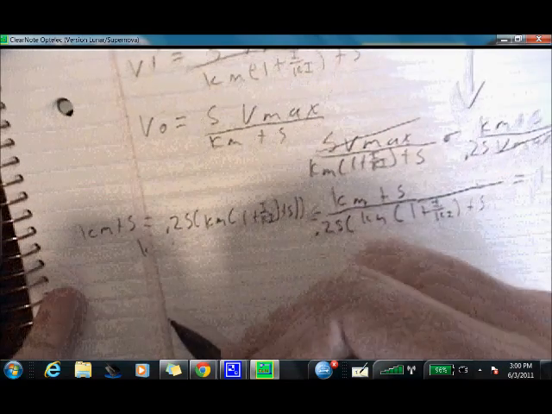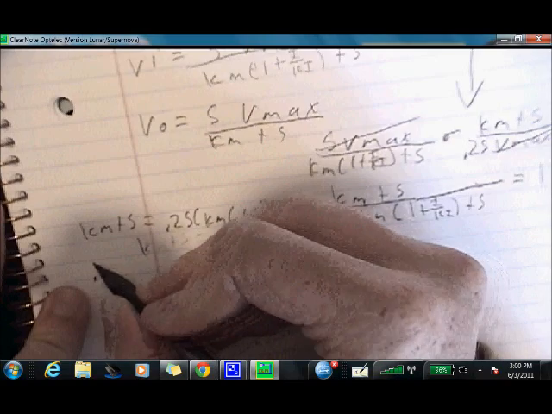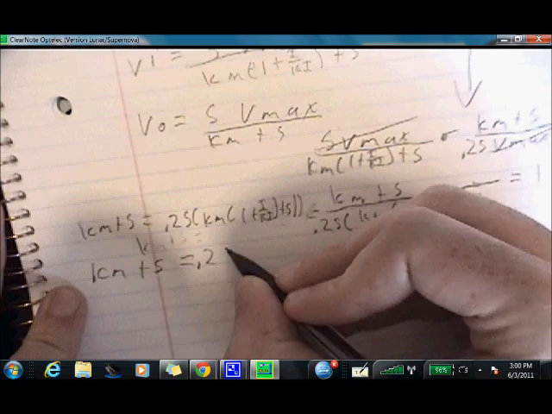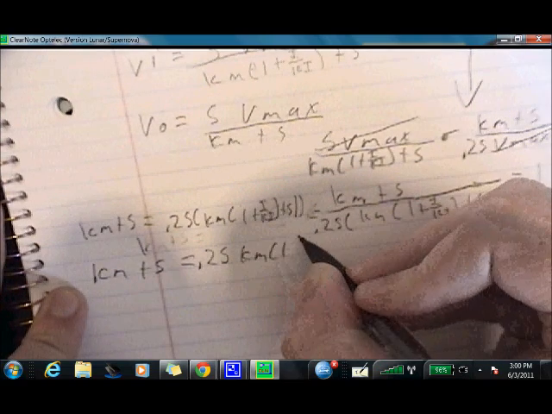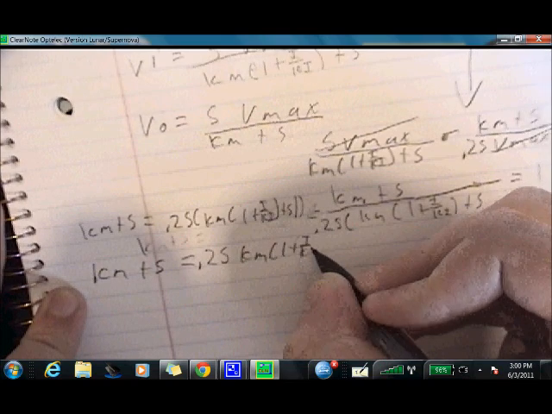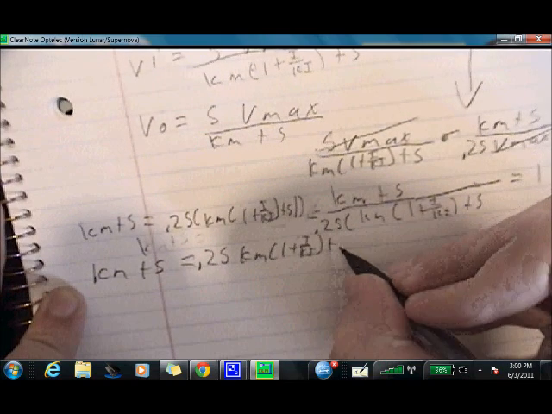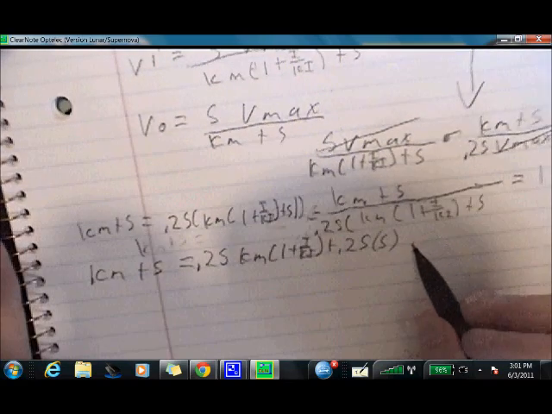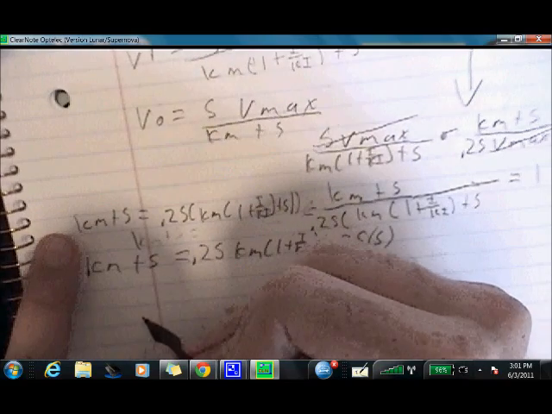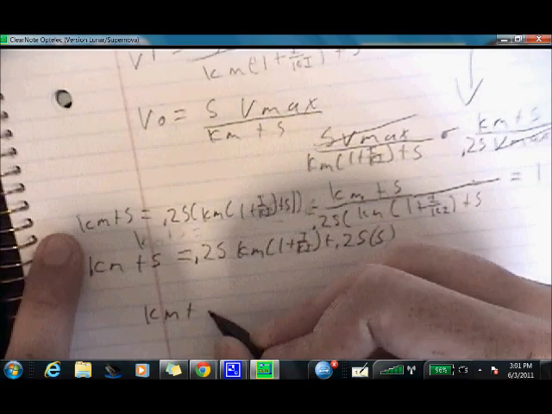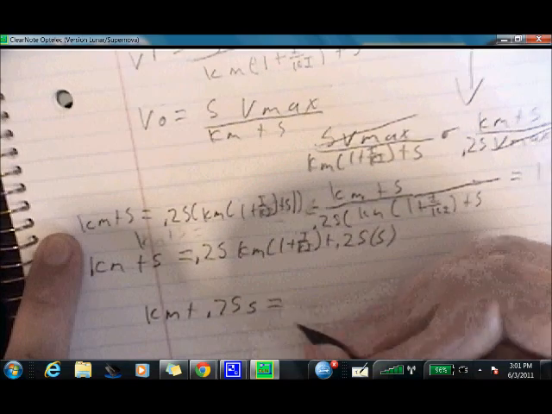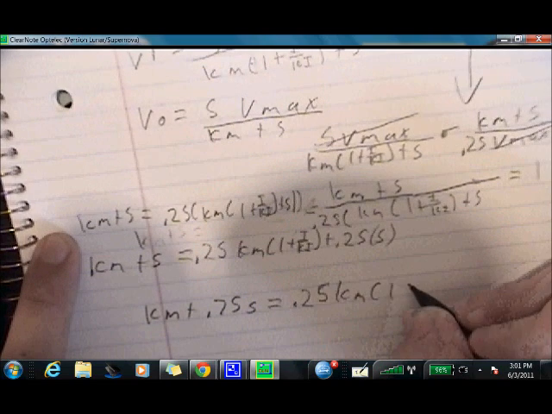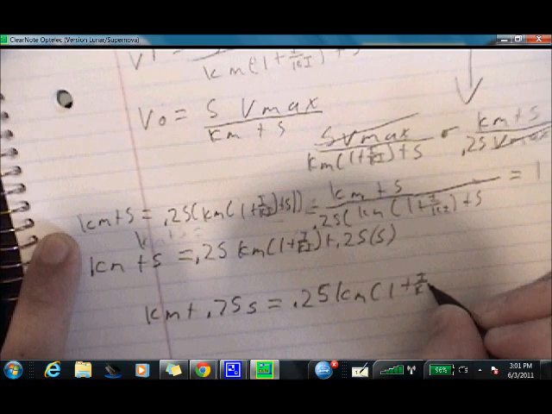So Km plus S is going to equal 0.25 Km times 1 plus I over Ki, plus 0.25 S. I'm going to subtract the S. So now I get Km plus 0.75 S is going to equal 0.25 Km times 1 plus I over Ki.